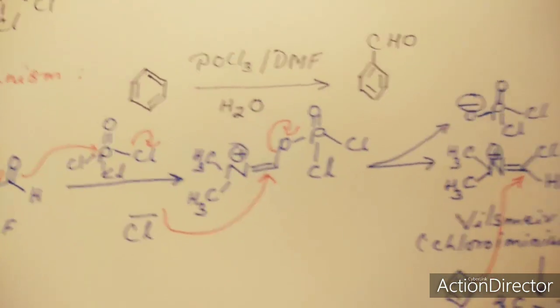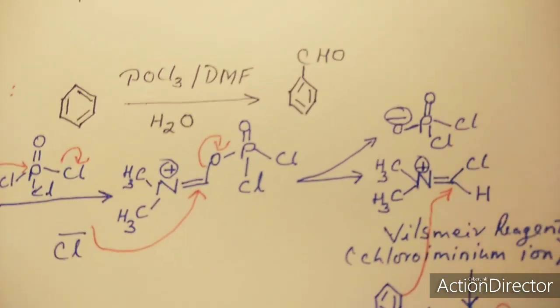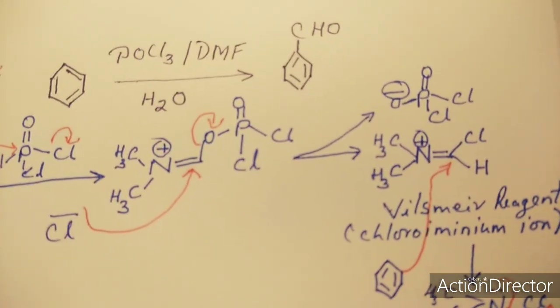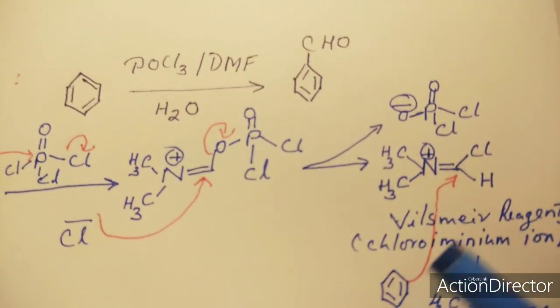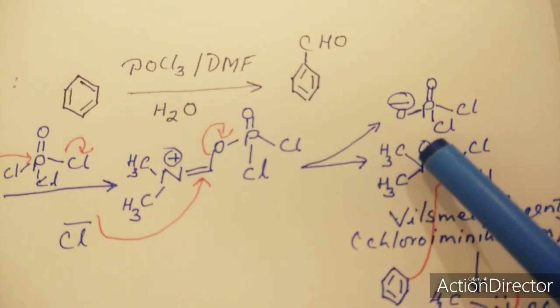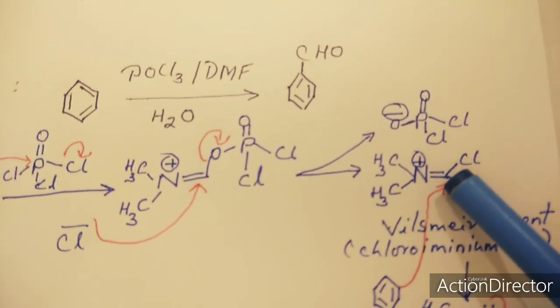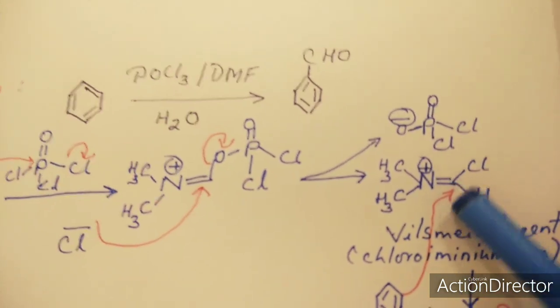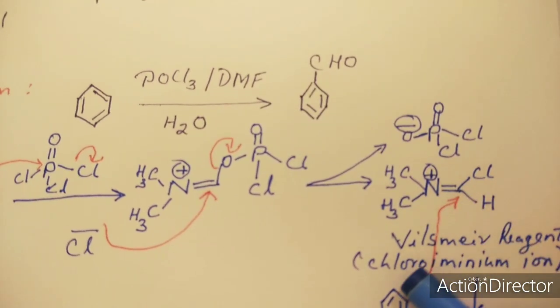So this is a benzene ring, because now this charge can be the N positive over here. If this is removed, this carbon will get a positive charge, isn't it? So this carbon positive will attack here in this way.